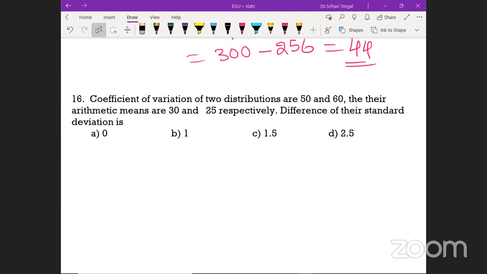Sigma 1 is 15. Sigma 2 is also 15. So what is the difference? 0. Yes, exactly. Very good.